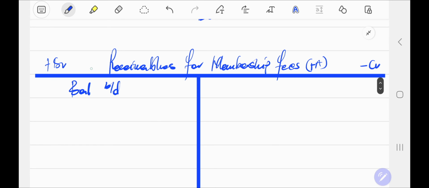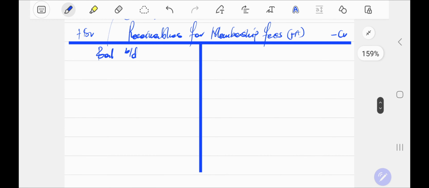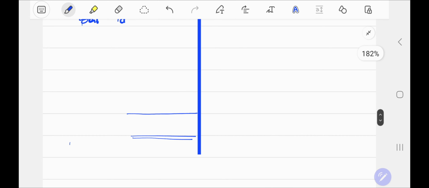So accrued income is an asset. That means that it's going to be recorded on the debit side of this receivables for membership fees account. And then also the closing balance of accrued income, the membership fees that we're expecting to receive this year but were not received, are also going to be recorded here as the closing balance.